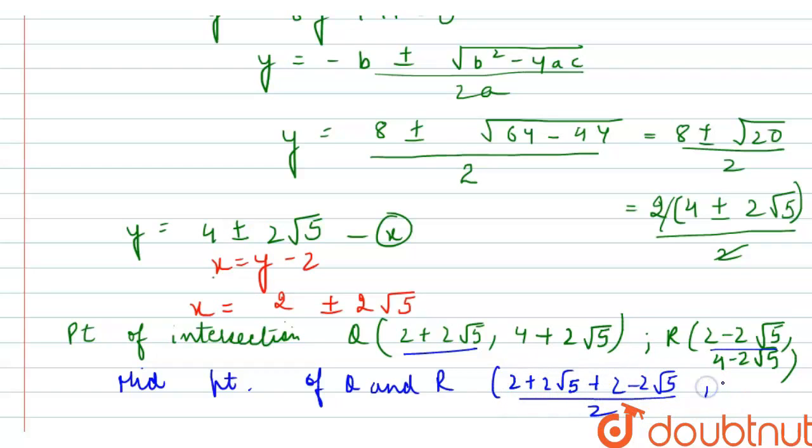And similarly for y it would be 4 plus 2 root 5 plus 4 minus 2 root 5 divided by 2. So what would be the answer? The answer I'll get is 2,4. So this is the midpoint. I hope it is clear.